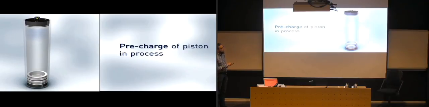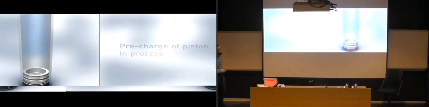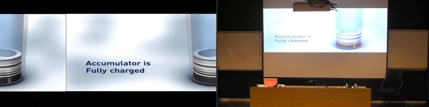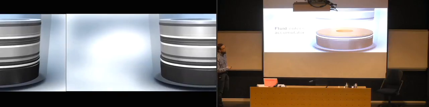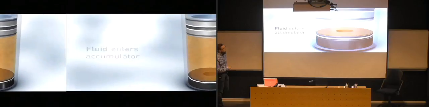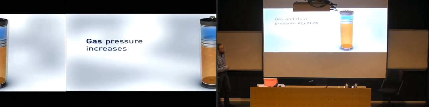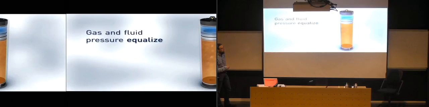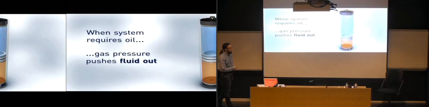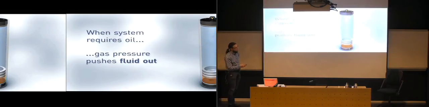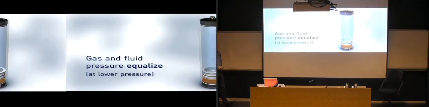So now they're going to pre-charge gas into the accumulator. So now they've fully charged it with the blue gas up there. Then they start pushing fluid into the accumulator. They compress all of the gas, more or less. And then when you require oil, the gas is allowed to expand so that you push the fluid out again.